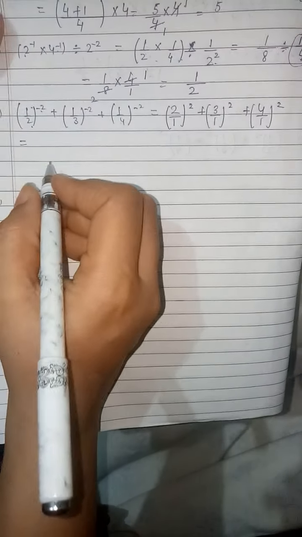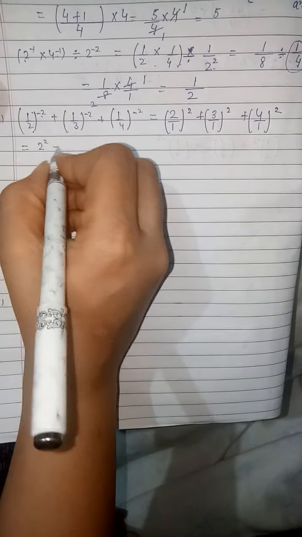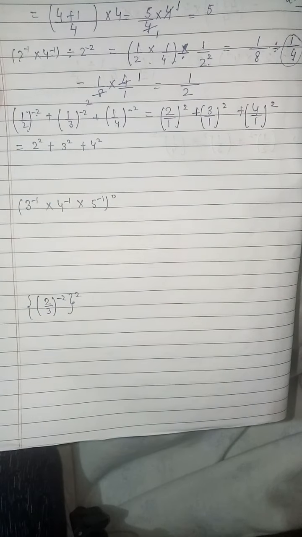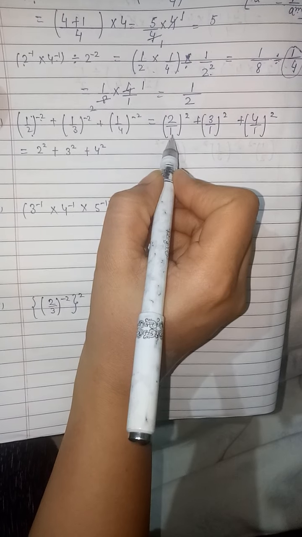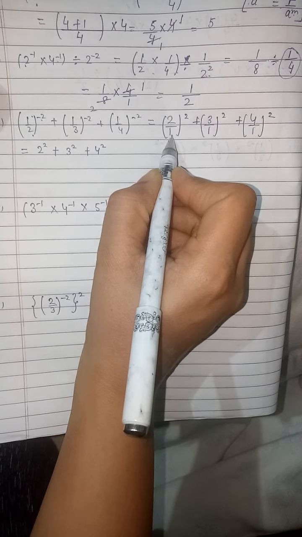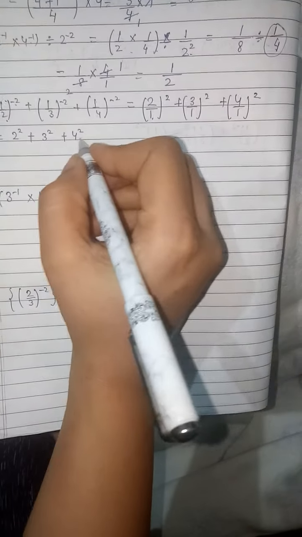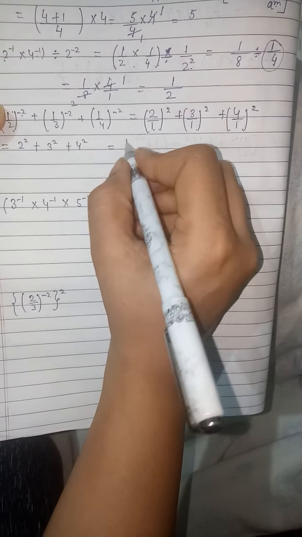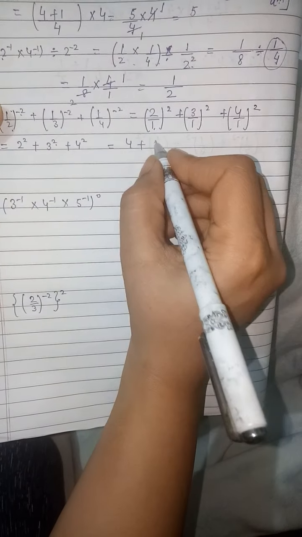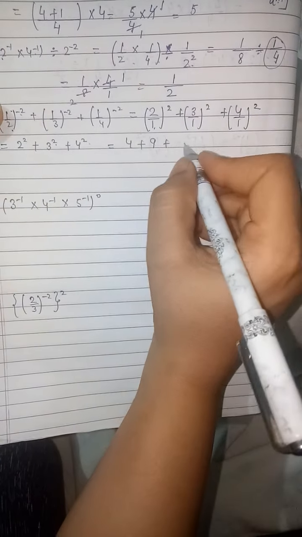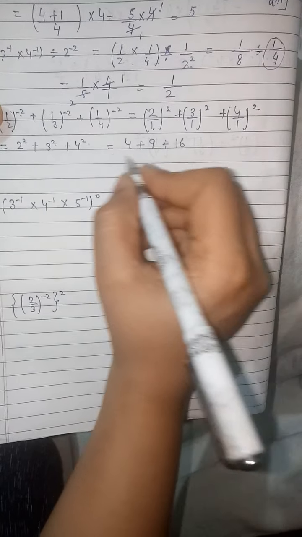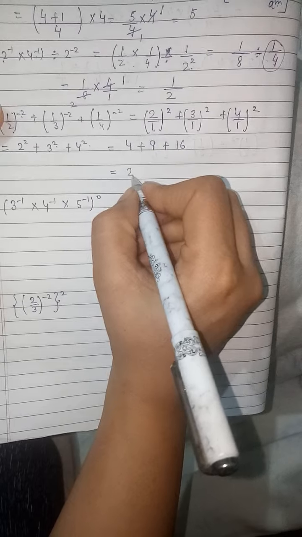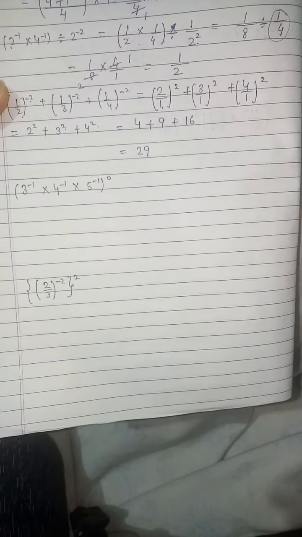We can also write these as 2 raised to power 2 plus 3 raised to power 2 plus 4 raised to power 2, because the square of 1 is equal to 1. Now solving these squares, 2 squared is 4, 3 squared is 9, 4 squared is 16. Adding these, the answer will be equal to 29.